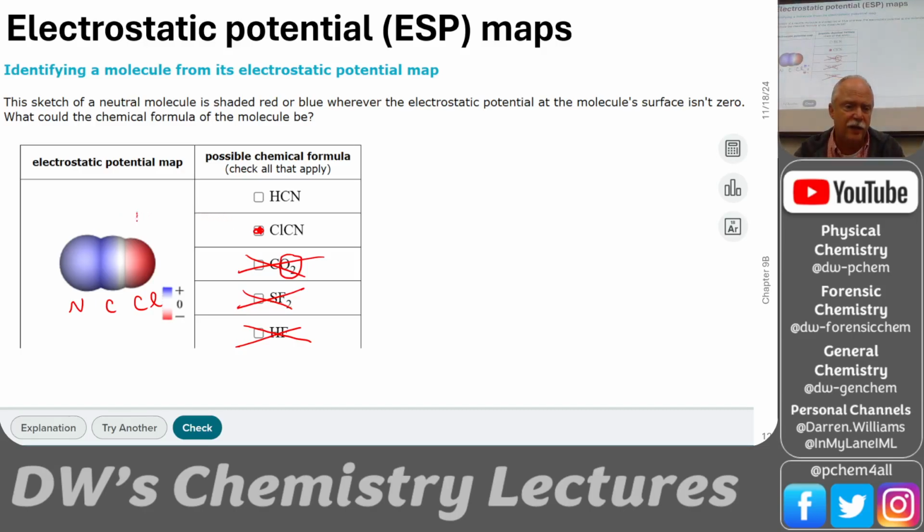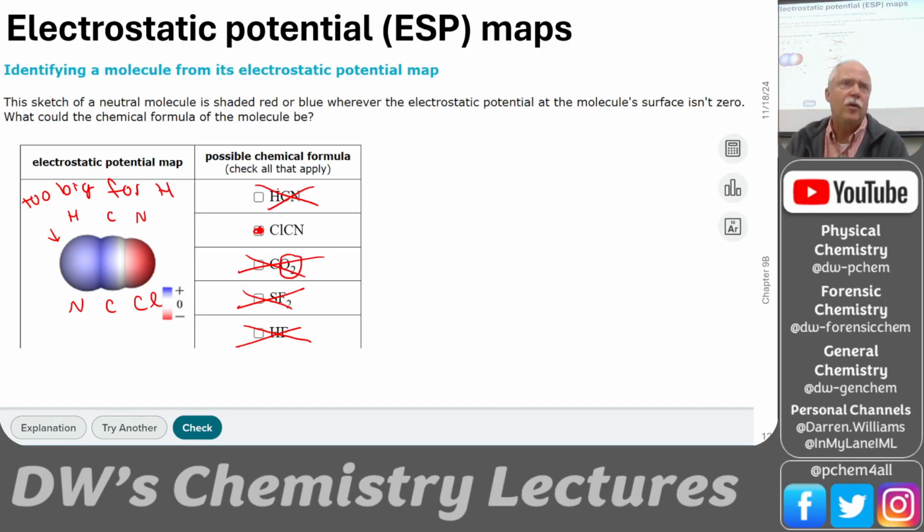So we might have the nitrogen here, the carbon in the middle, and the H here. But this is too big for an H. That positive atom is bigger than the carbon, and we know hydrogen's really tiny. So that would be the answer for this one.